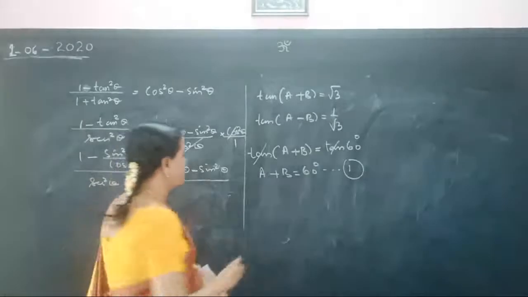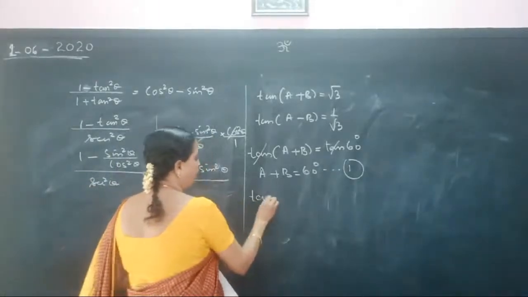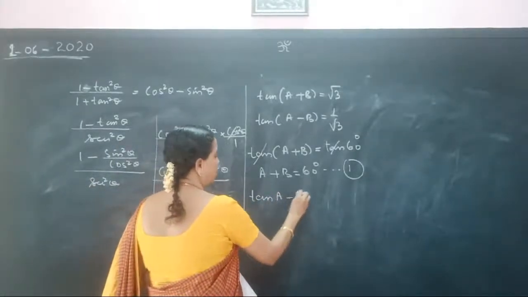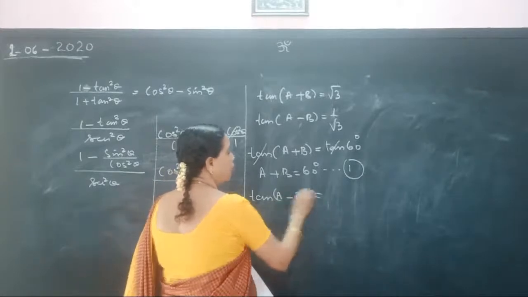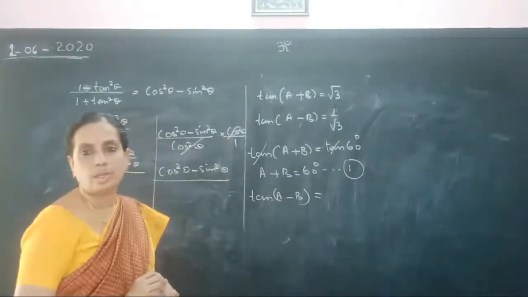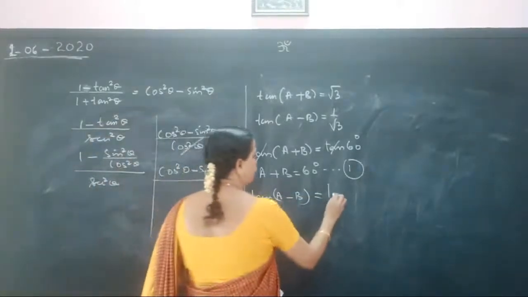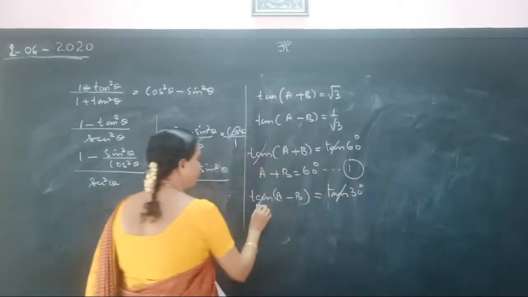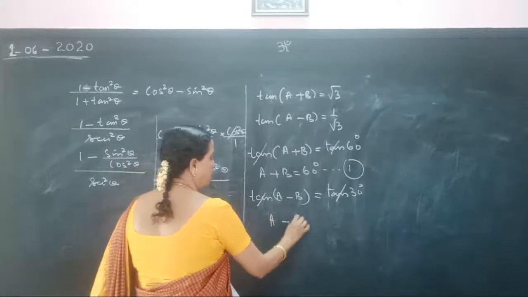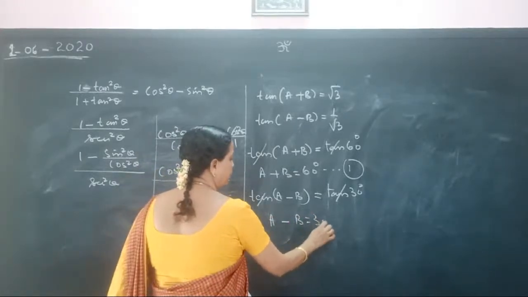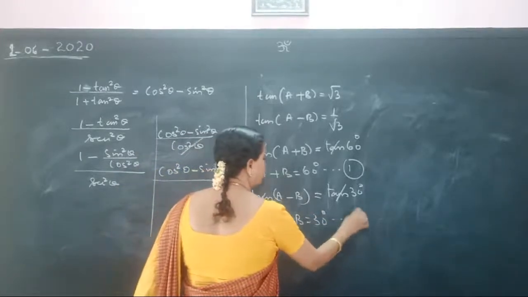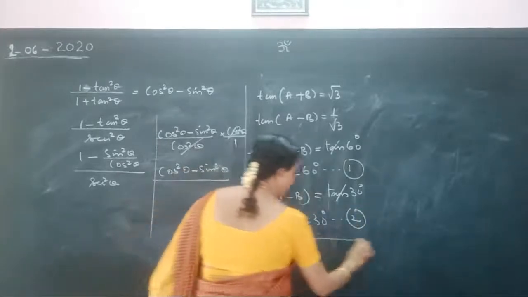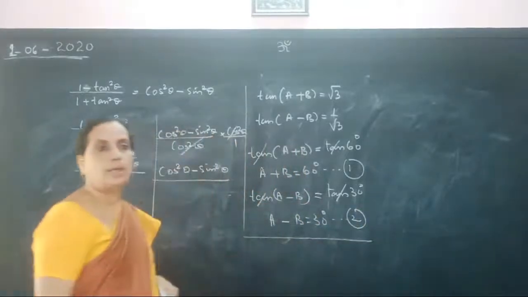Similarly, second condition, tan of a minus b. Which value of tan is 1 by root 3? That everybody knows. It is tan 30 degree. So cancelling tan on both the sides, you get a minus b equals 30 degree, equation 2. Here come two equations to solve two variables.